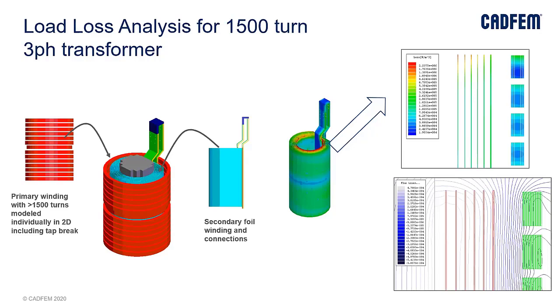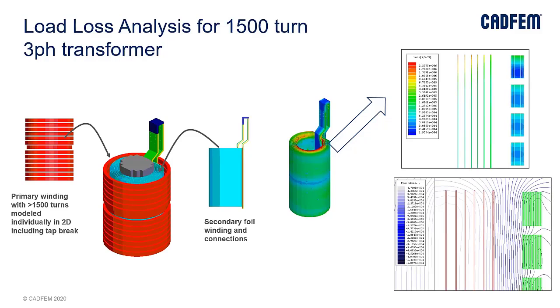It requires a supercomputer to solve that kind of problem, because when you model turn by turn, and that too in a cylindrical manner, it leads to a lot of meshing issues.